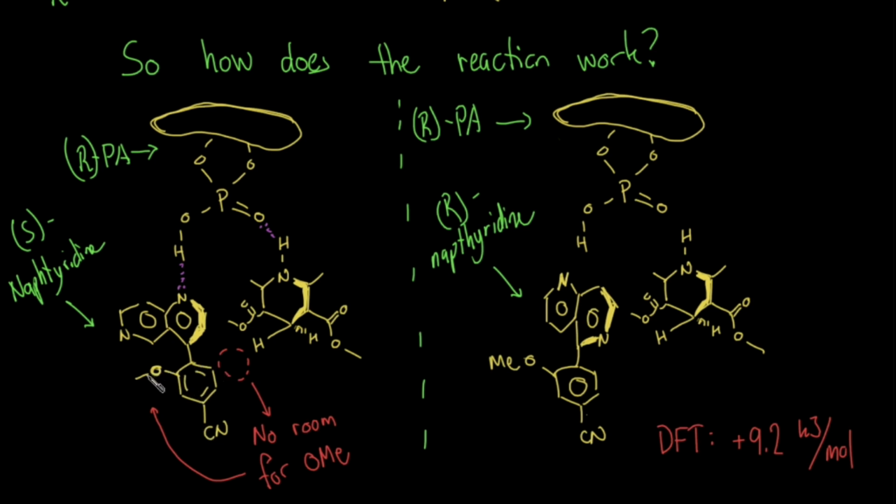And we can see here why it's really important to consider that this is in fact a pair of atropisomers, because this is the transition state for the hydrogenation. You could imagine that if the methoxy group was sitting in this position instead, that being the R isomer, we would have a steric clash between the Hantzsch ester and the methoxy group. But this is the transition state leading to their desired product using the R phosphoric acid catalyst and the S naphthyridine isomer.